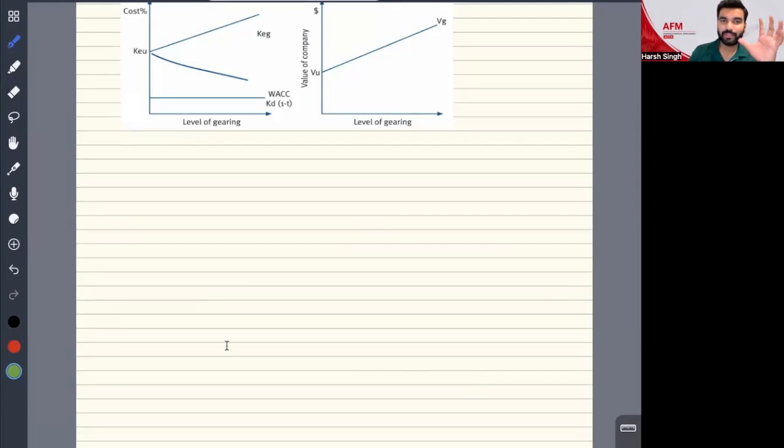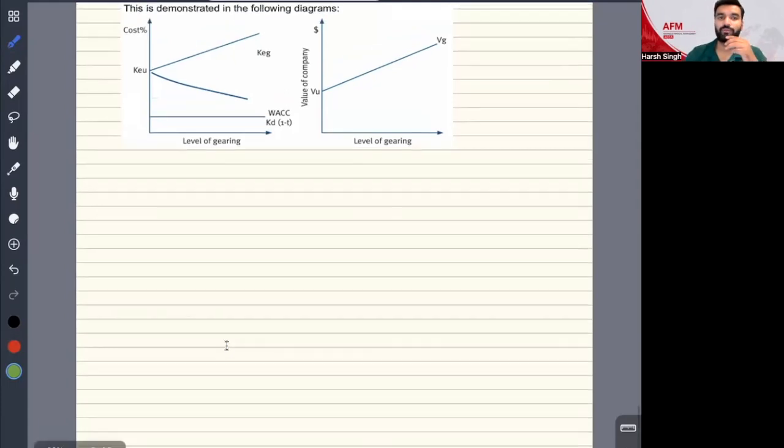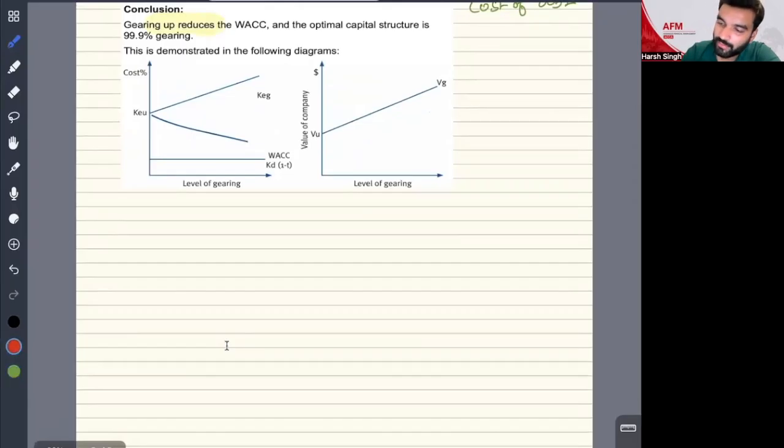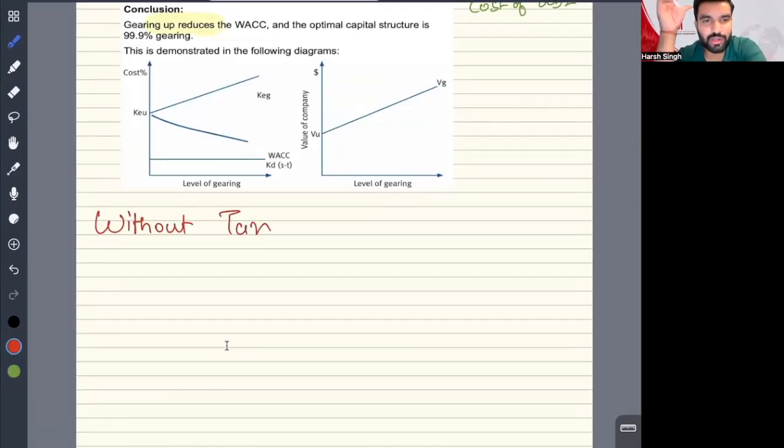Now they also gave us one theory which was with tax. They have also given one theory without tax. This theory is not talked about that much. As per this theory, guys, they talked about two companies of the same size, same line of business and same level of risk.